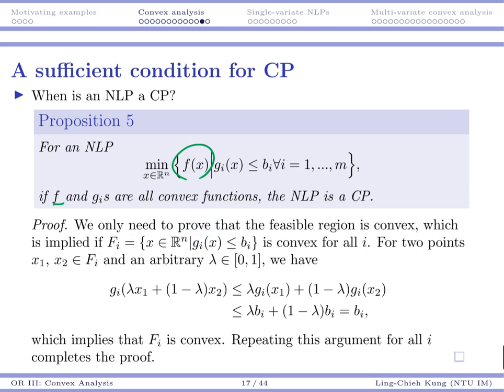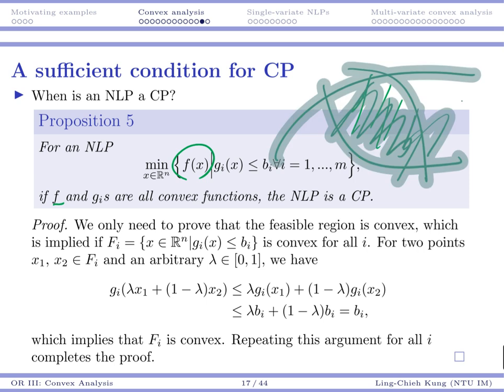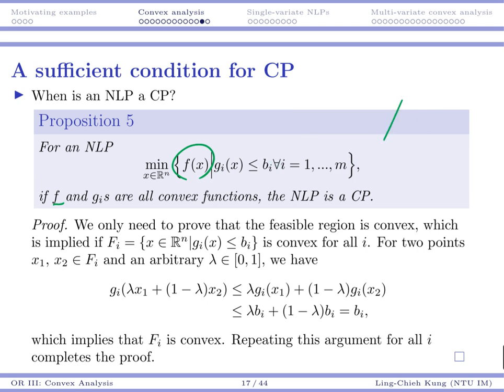If each constraint gives you a feasible region which is convex, then their intersection would also be convex. So we now only need to focus on this fact. We want to show that as long as your gi is convex, then the corresponding set Fi would also be convex. This can be done.